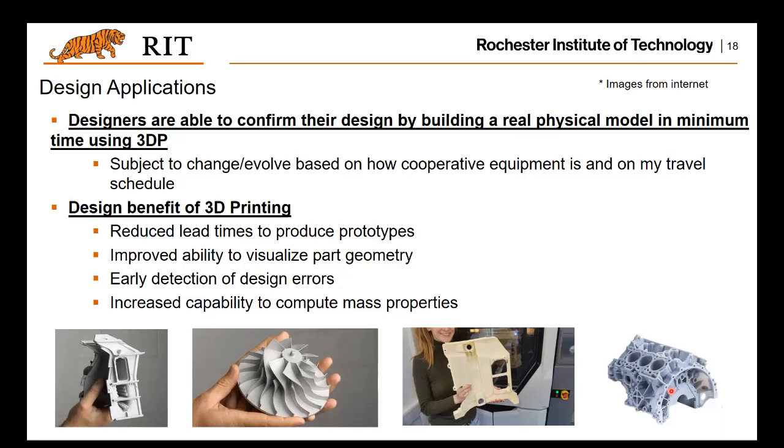And sometimes you have no idea about some of the physical properties of your part. Then with the 3D printed part, you will have the idea as well. So that's the benefit of prototyping.